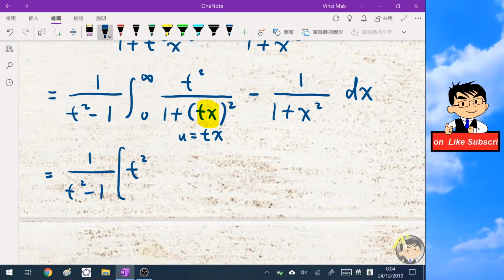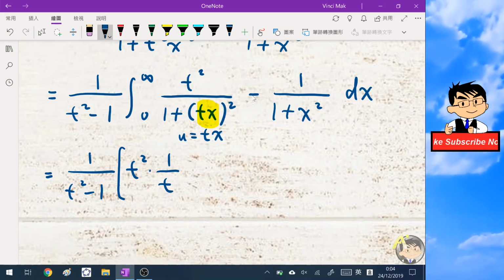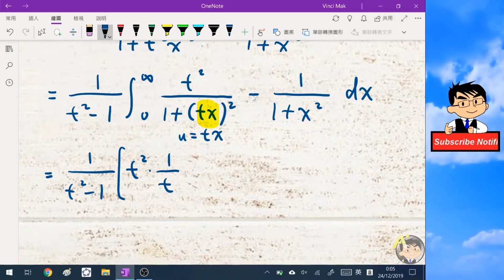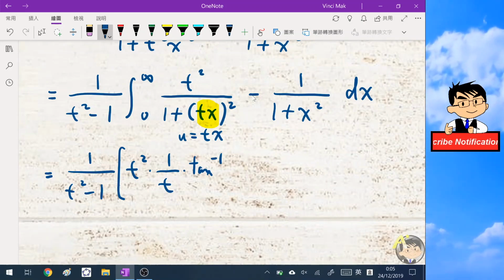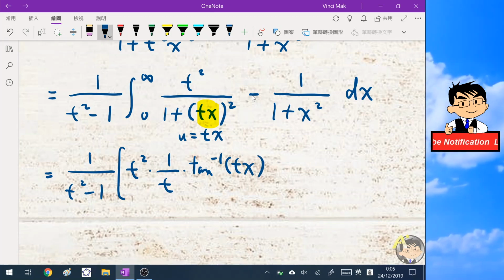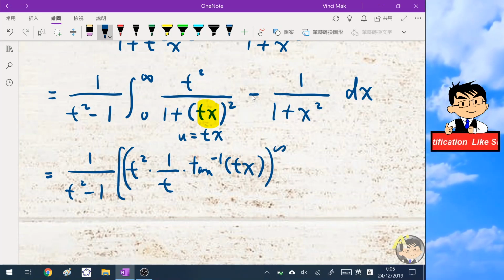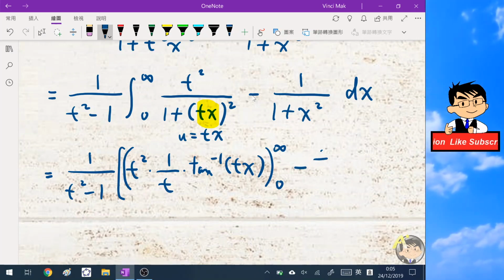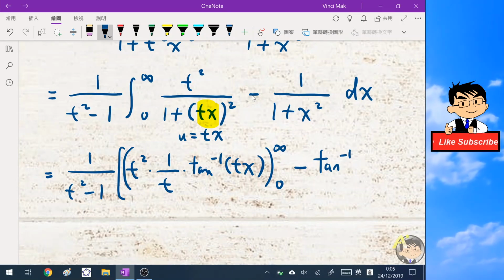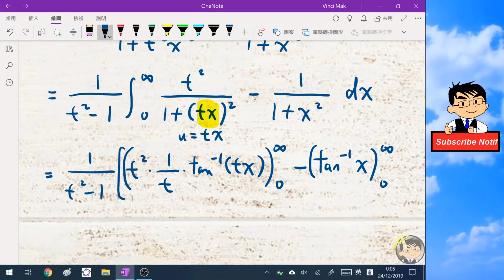I will copy the t squared here, and then we will have a 1 over t because of the substitution, and we will have the arctangent of tx. So now this will have the limits infinity and 0, minus, and the next one is simple, it is arctangent x. Of course, it's from 0 to infinity.